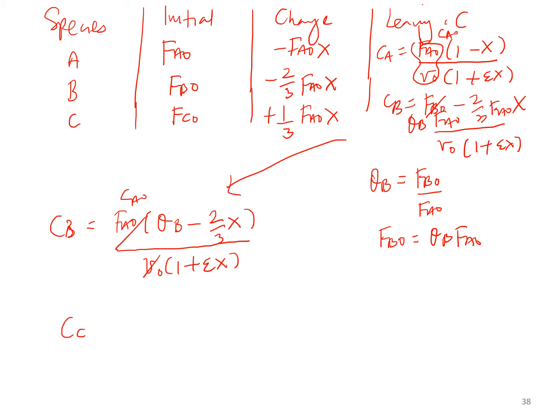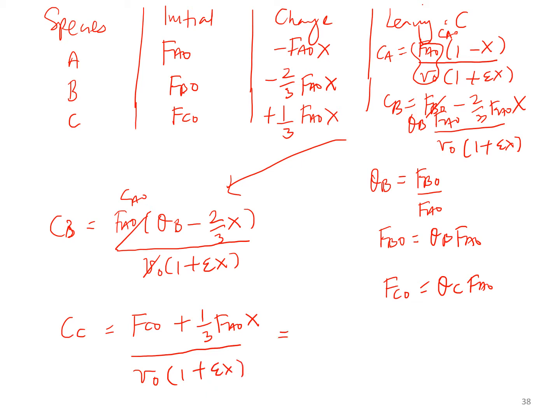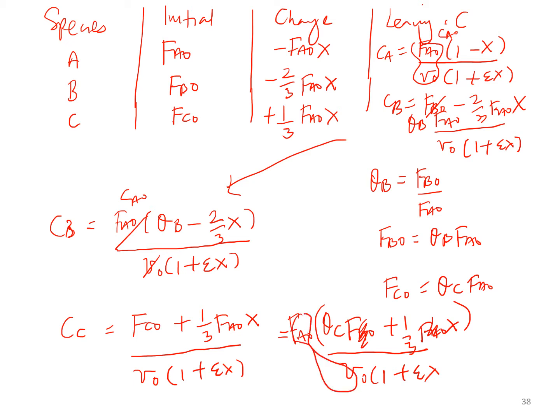For CC, we have FC naught plus 1 over 3 FA naught X. Again, we can replace FC naught with theta C FA naught, divided by V naught times 1 plus epsilon X. So theta C FA naught plus 1 over 3 FA naught times X, over V naught times 1 plus epsilon X. This FA naught we can put outside, and replace it with CA naught.